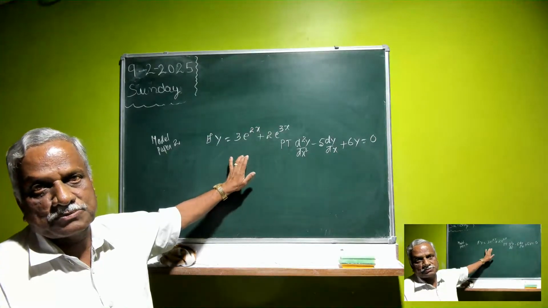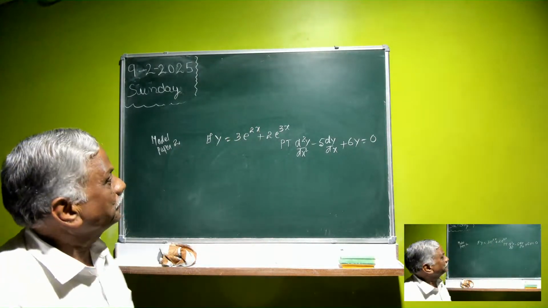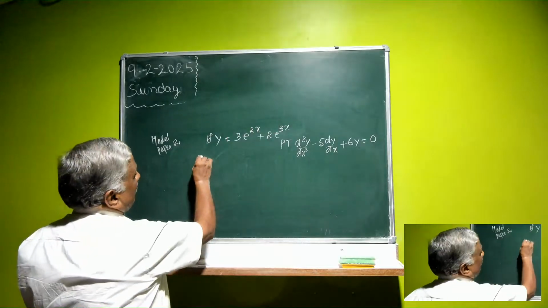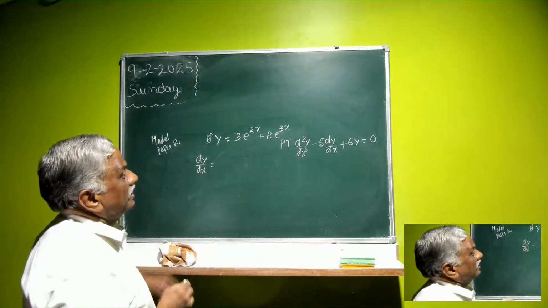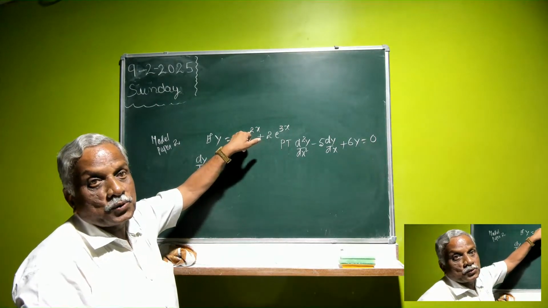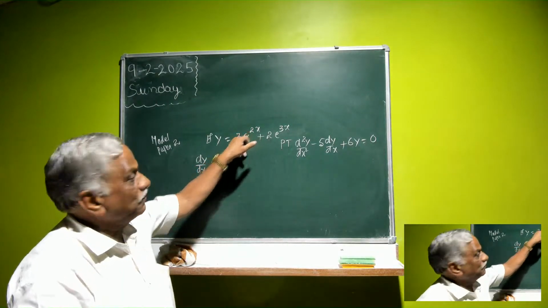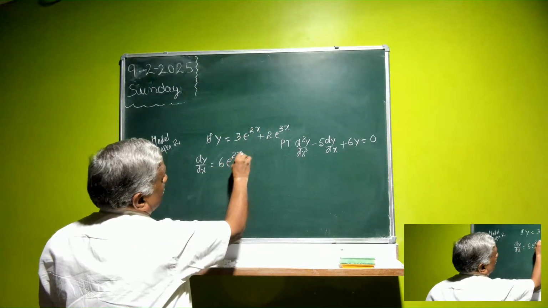In fact, I worked this problem during revision, but let me work it again. You have to find dy by dx. Here 3 is a constant, and the derivative of e power 2x is 2e power 2x. Therefore, it is going to be 6e power 2x.